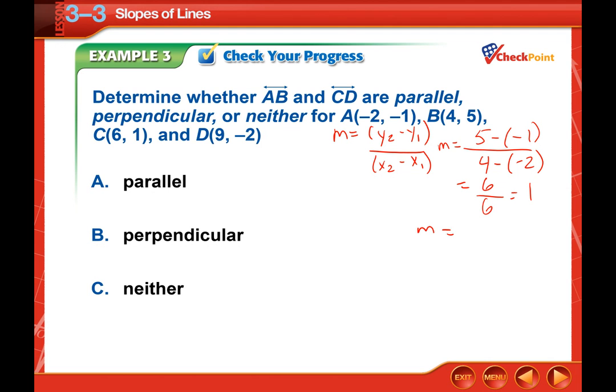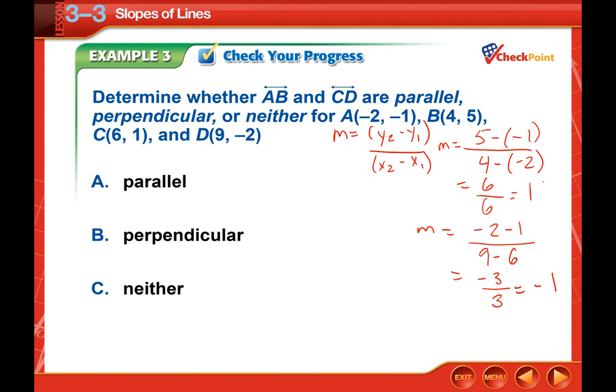And if we look at CD, we have -2 subtract 1. And 9 subtract 6. So that's -3 over 3, which is -1. Okay?